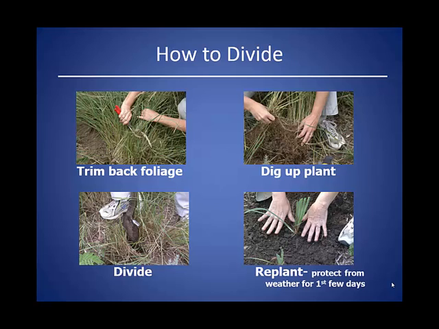So you trim back the foliage, you dig up probably the whole plant, the whole circle that had the dead center, you dig that up. You divide it. With grasses, you can divide it multiple times. With something like hosta, you have to make sure you have a growing point there, a cluster of leaves attached to a particular point. You don't want to shave off such a small part.